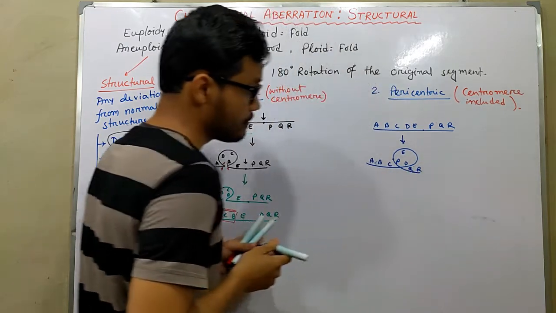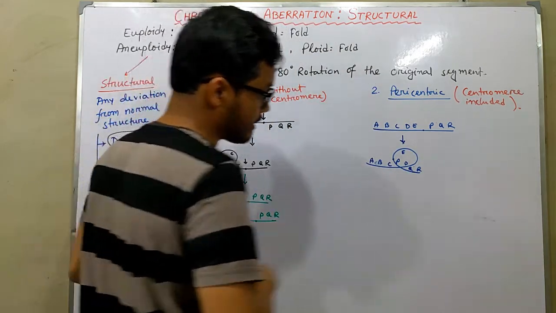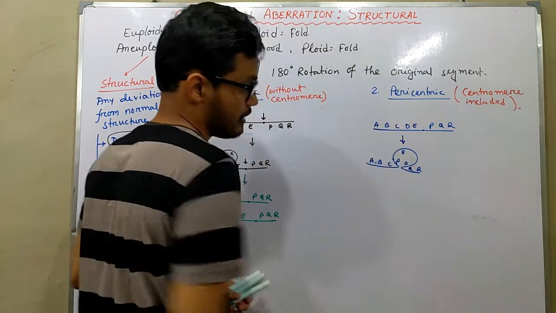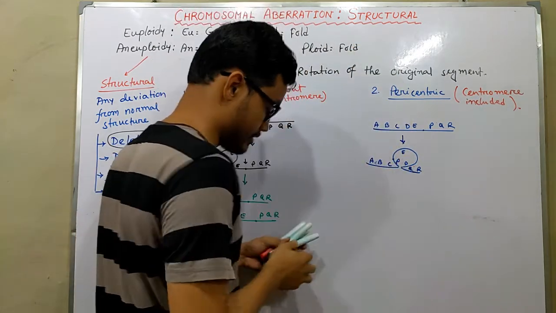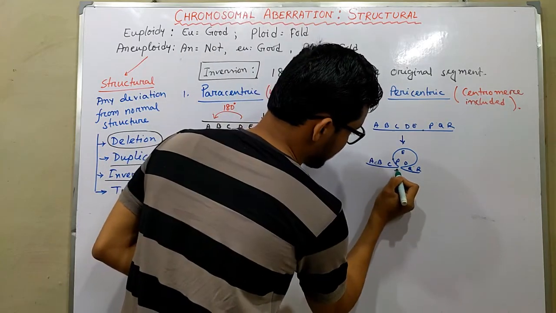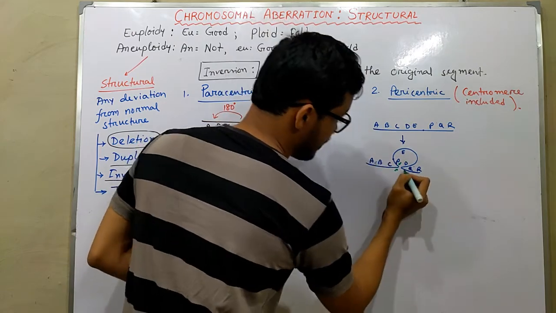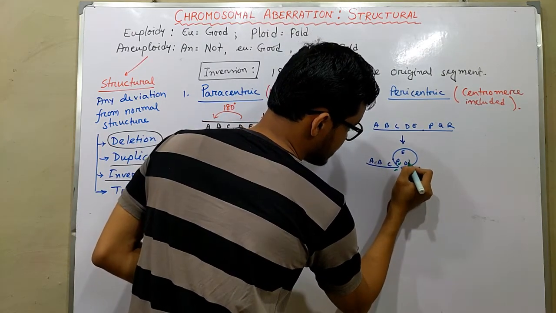Now, just like the previous case, a split occurs in the joining portion. After that, this segment joins with the P segment, that means C is joined with P, and the Q segment is joined with the D segment, right?